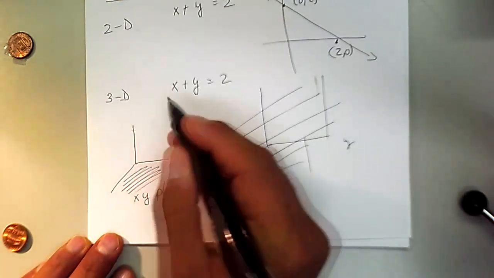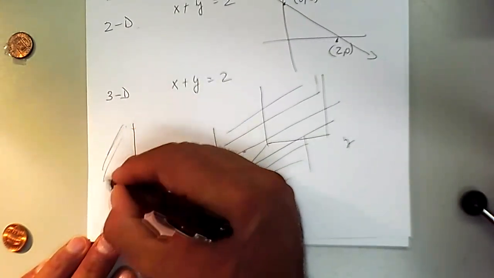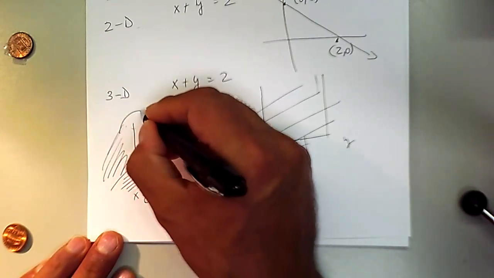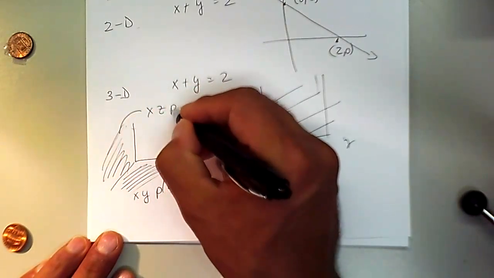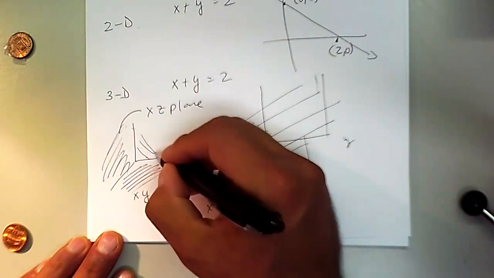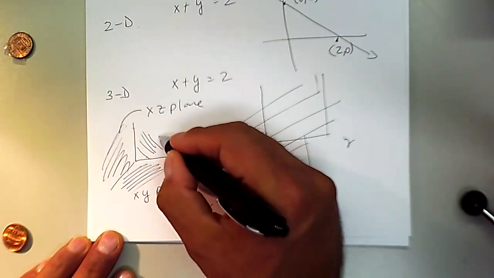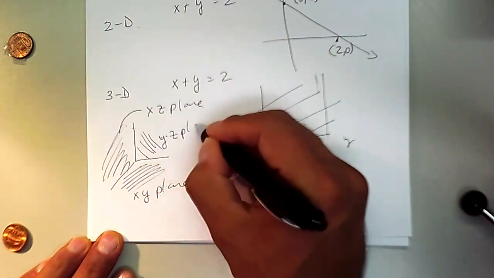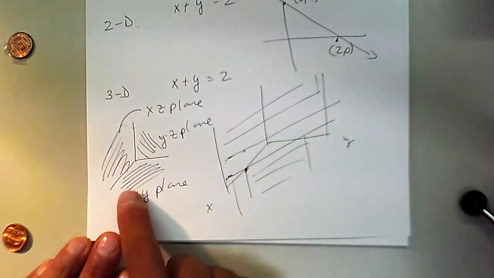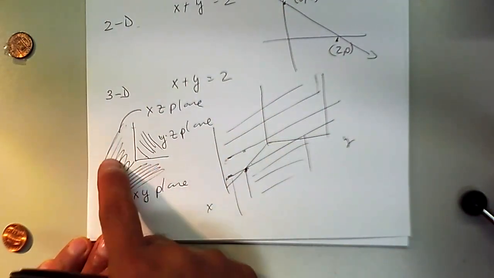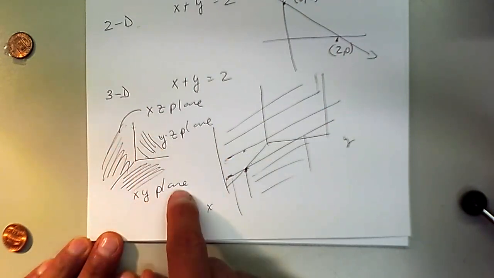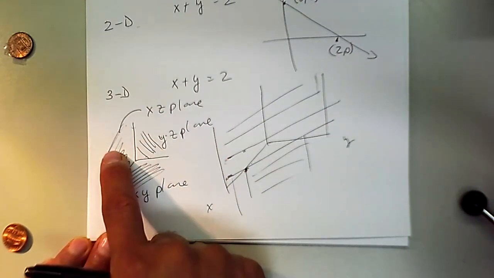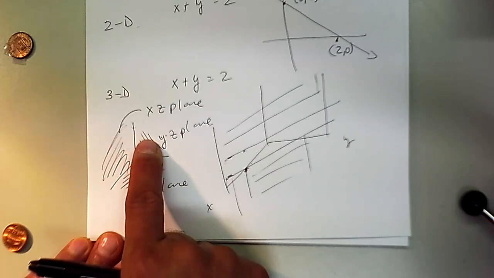The side wall on the left is going to be labeled as the xz plane, and this back wall is going to be labeled as the yz plane. So we have 3 basic planes: the floor, side wall, back wall: xy plane, xz plane, yz plane.